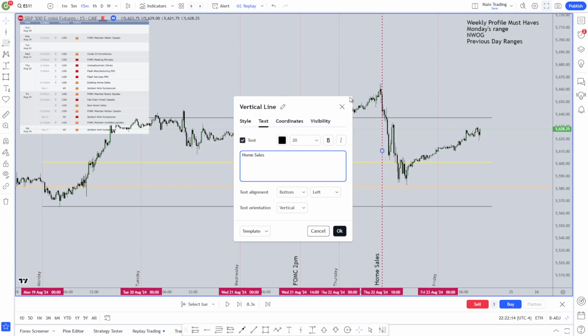Home sales. We had 9:45 was flash and 8:30 was unemployment.